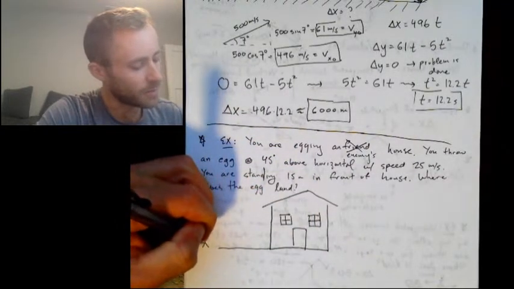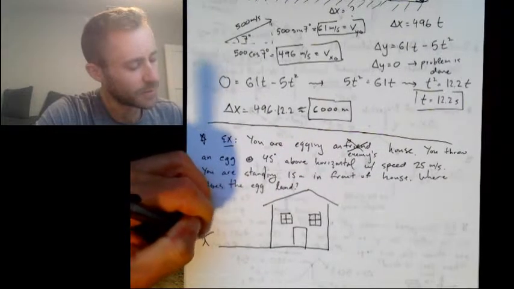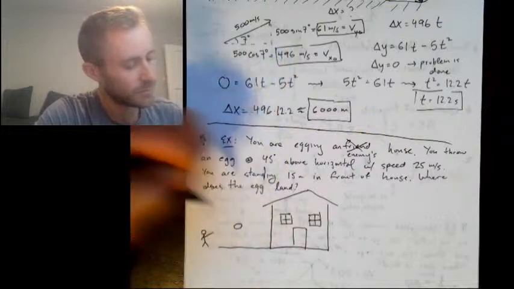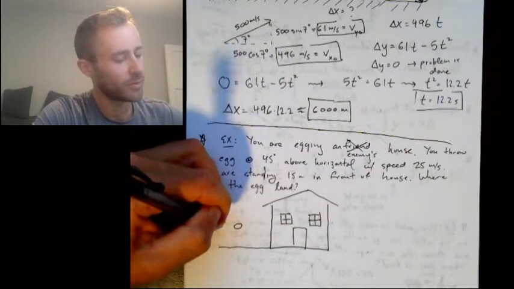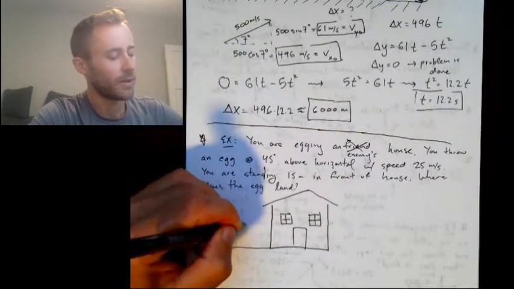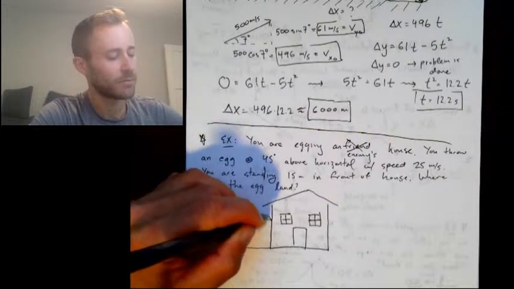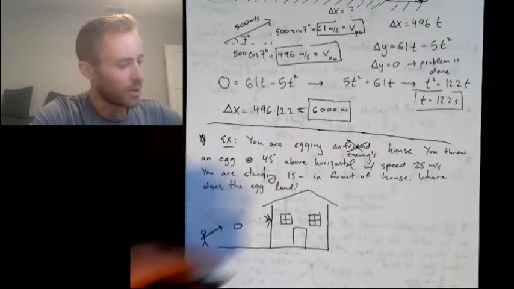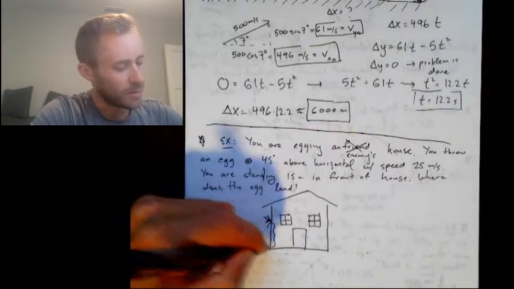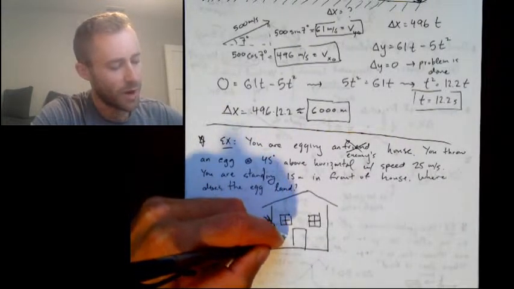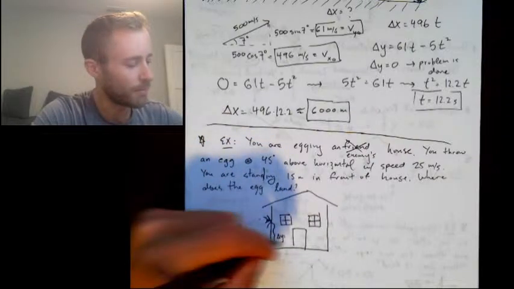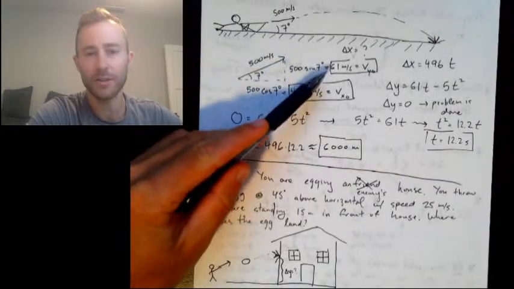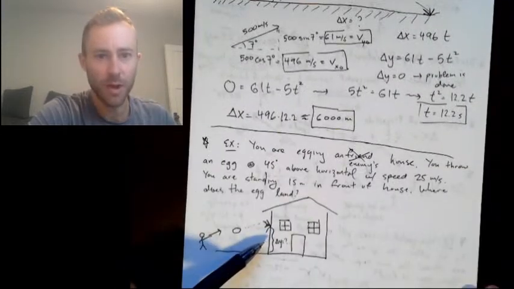And here you are egging a friend's house. Launch that projectile, and it's going to go splat right here, okay? And what I want to know is, where does it land? How high up does it land? What is delta y? So this problem is different because in the previous problem we were trying to figure out what is delta x. Now we're figuring out what is delta y.